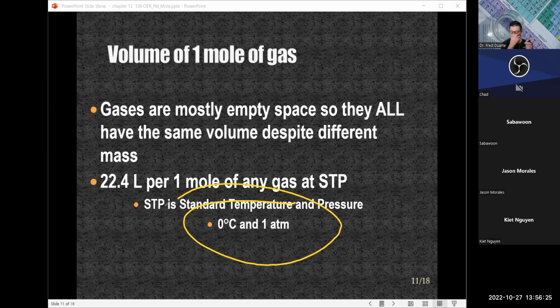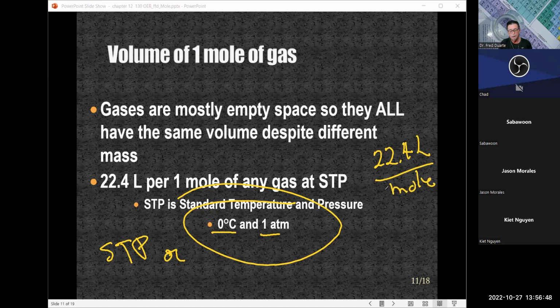If the problem doesn't state that you are at STP, or doesn't actually state the temperature and the pressure, then you can't use that ratio of 22.4 liters per mole, written in that form, or 1 mole per 22.4 liters.